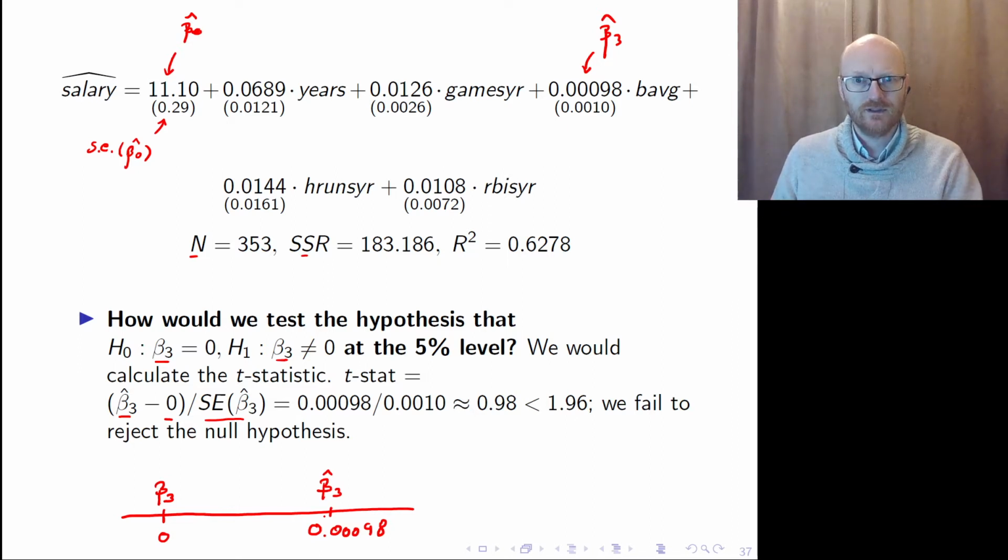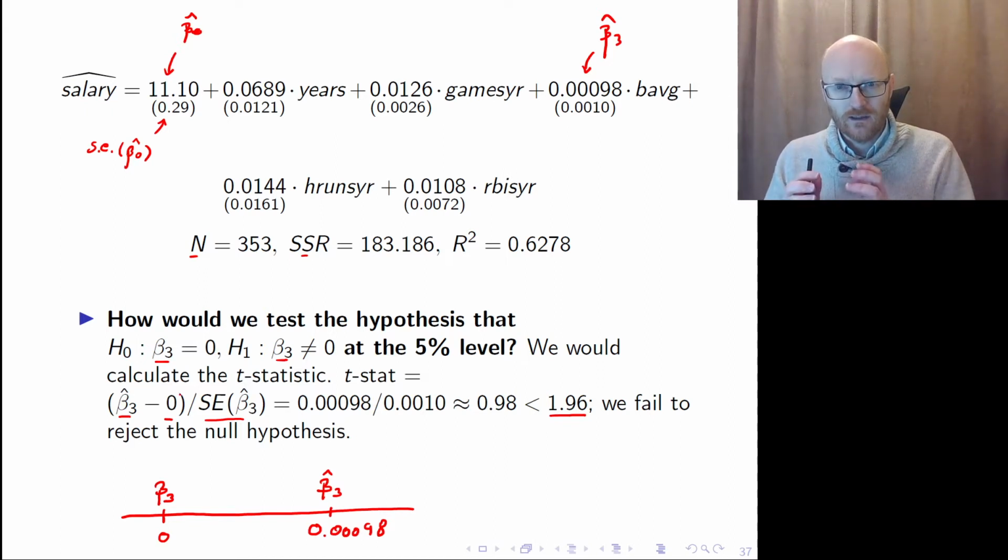If they are 1.96 standard errors away from each other or more, then we say that our result is unlikely to come about at random. So we reject the null hypothesis of beta 3 equals 0, and keep the alternative hypothesis that it's different from 0.